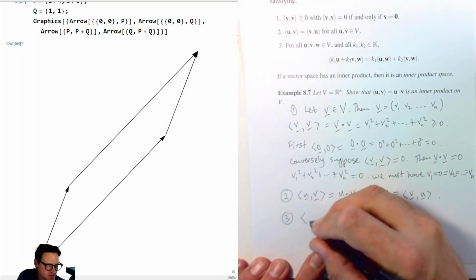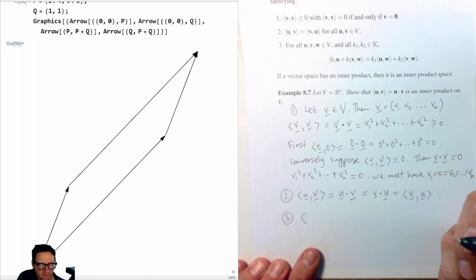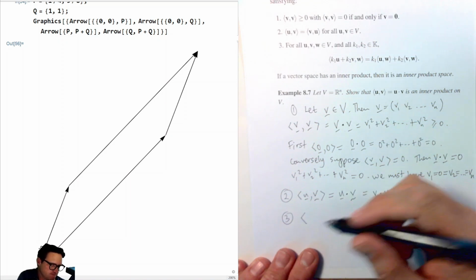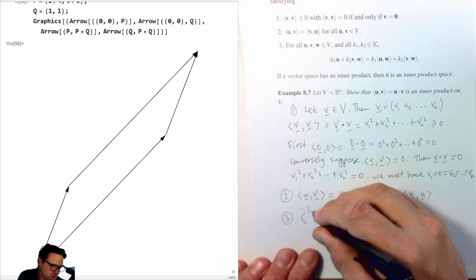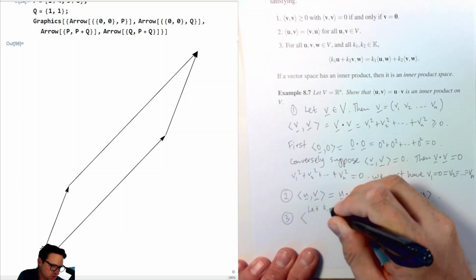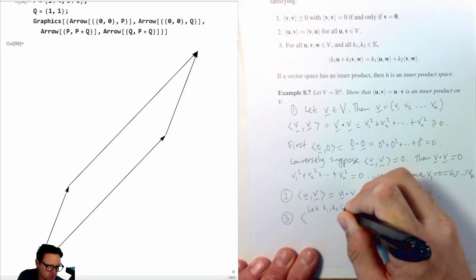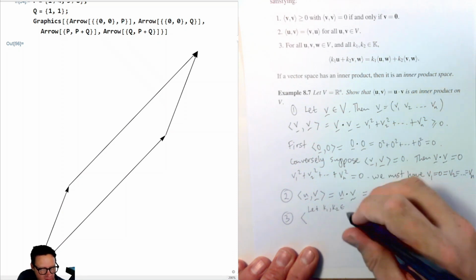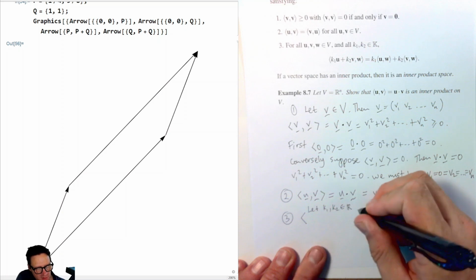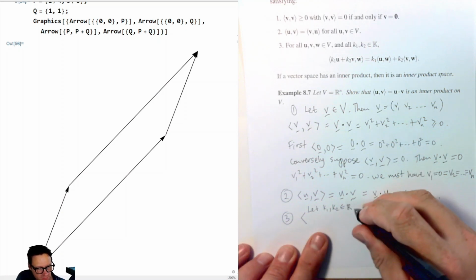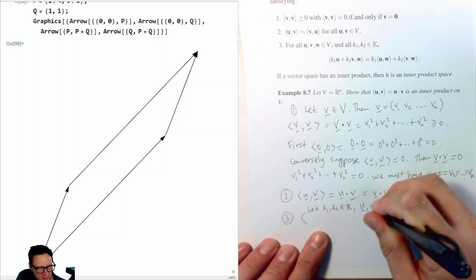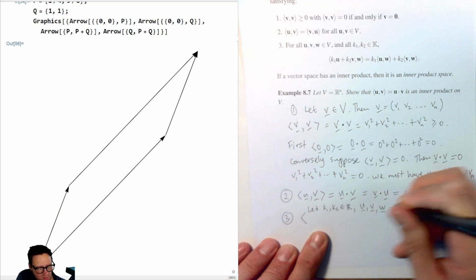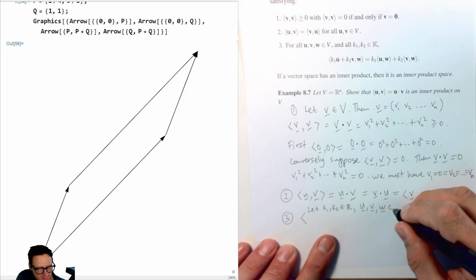So let k1 and k2 be elements of the set of real numbers, and let u, v, and w be vectors.